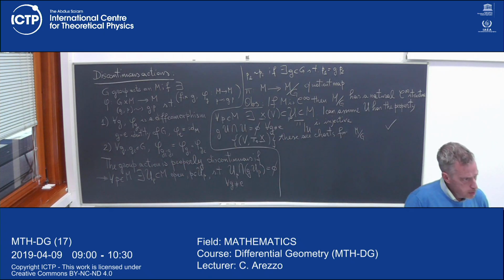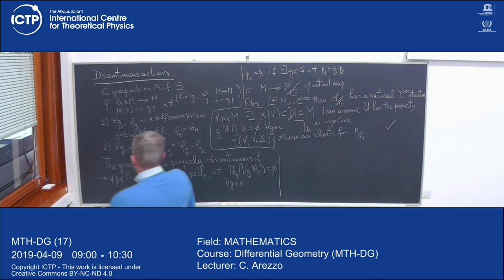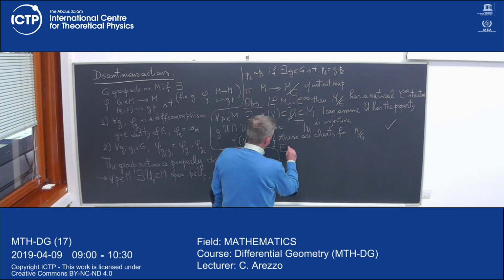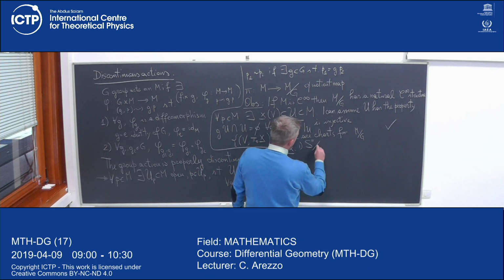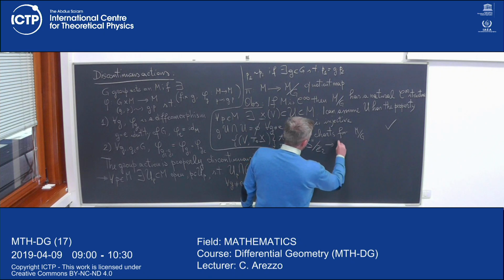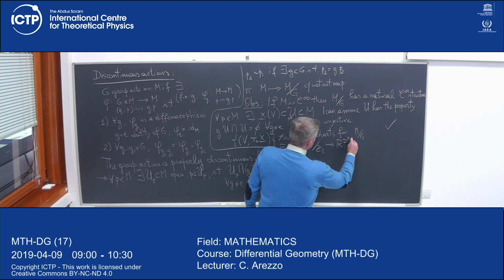So for discrete groups, it works quite well. For continuous groups, it's a mess. It's a nightmare, okay? So just to finish this thing, because we will not come back to it. As I said, example one was S^n quotient Z2, which gave RP^n.